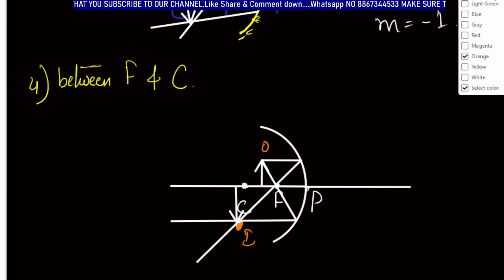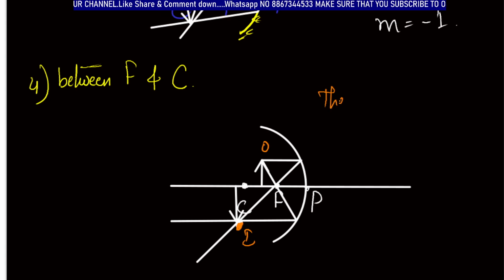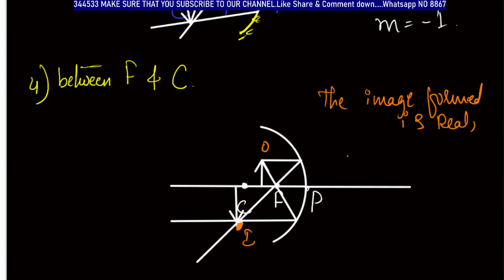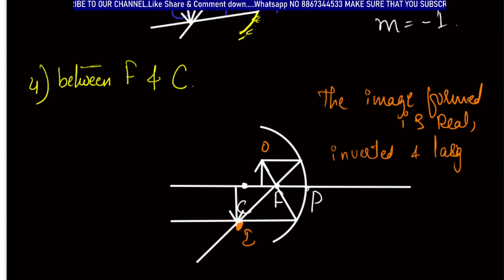So in this case, the image formed is real, inverted and large. Because if we see the object and the image, the height is different in both cases.